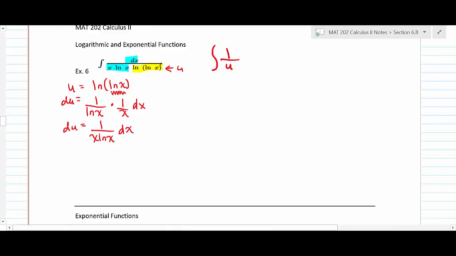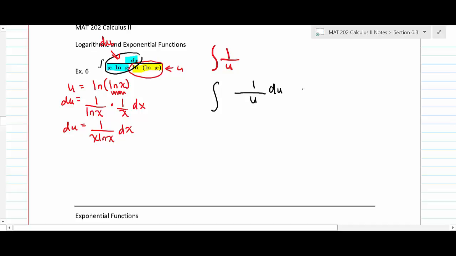So u is going to be this part, and then du is going to be this right there. It turns out to be a real straightforward integral. When you get this plugged in, this whole thing becomes u in the denominator, and this whole thing right here just becomes du. So it's 1 over u du. That would be your integral right there.